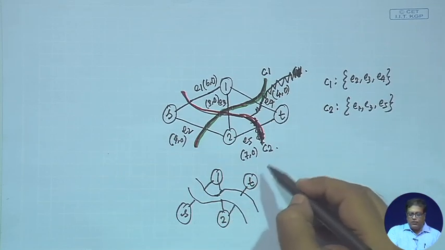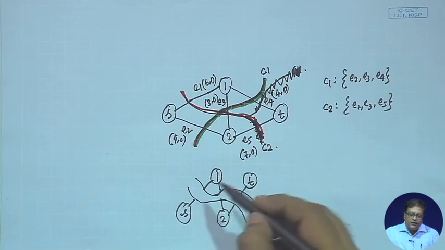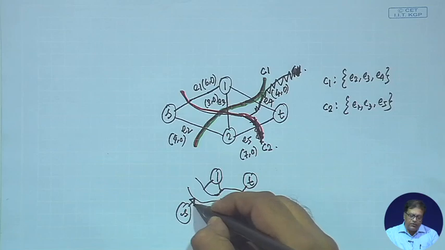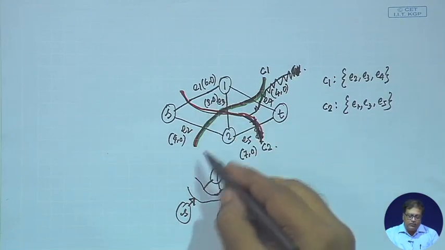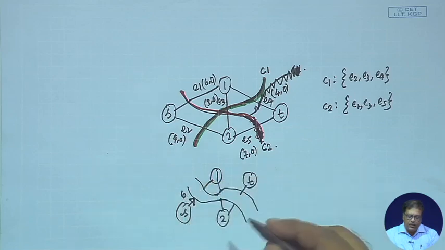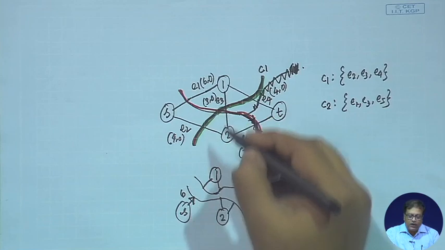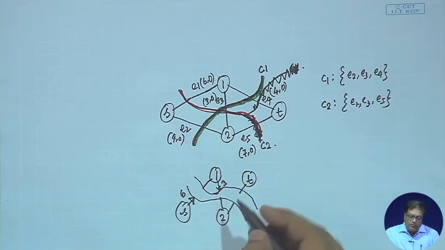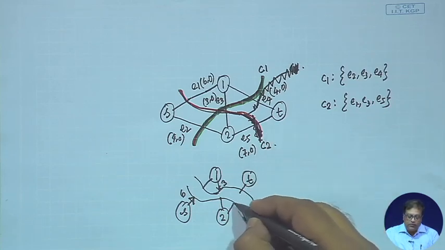So, look at this cut C2, suppose you want to find its capacity, then from S to 1 what is the flow? S to 1, the flow is 6. What is the flow from 1 to 2? 1 to 2 the capacity maximum is 3, but what is the 2 to T? The 2 to T flow could be 7.